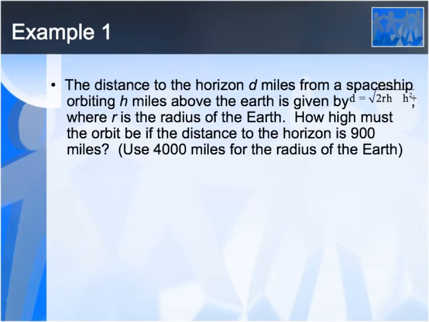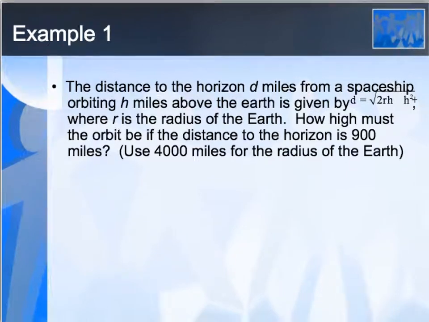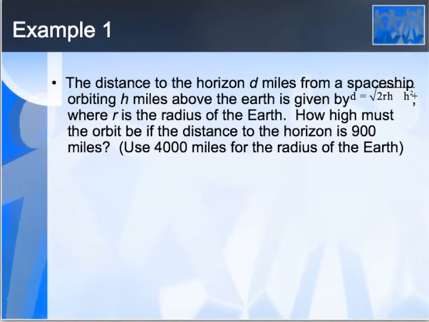So let's say we are told that the distance to the horizon, d miles from a spaceship, orbiting h miles above the Earth, is given by that formula. Now, of course, that formula did not format correctly when I uploaded it. So the formula is d is equal to the square root of 2rh plus h squared.